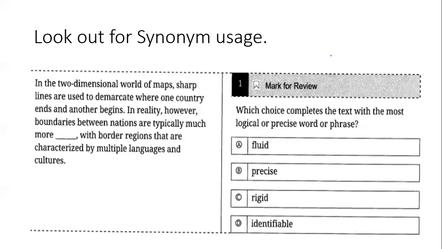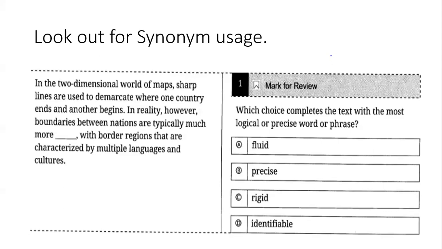So what was the first statement talking about? There are sharp lines to separate. If you look at the map, you can understand it: this is North America and this is South. But in reality, however, this is not true.